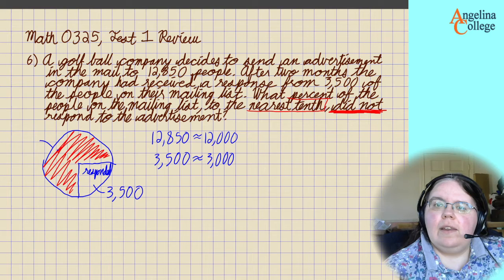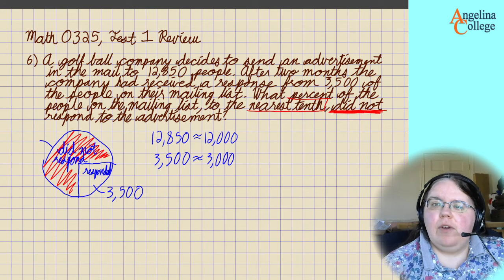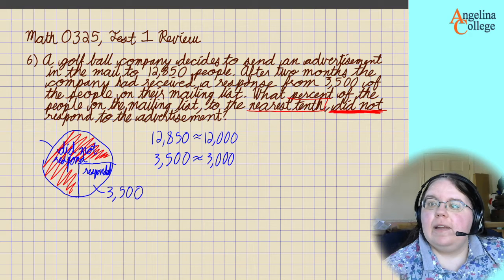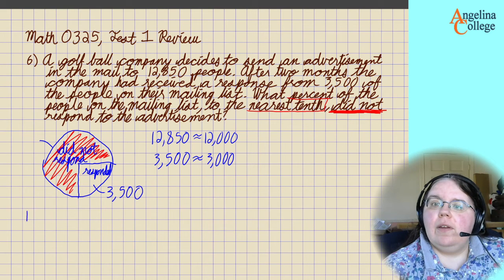And then who did not respond? Well, it looks like it's a bigger group. So we can use subtraction and take away from the whole circle those who did respond to find out how many did not respond.